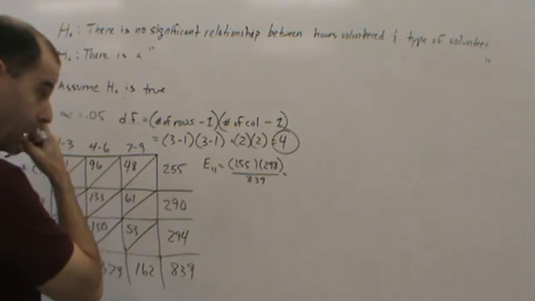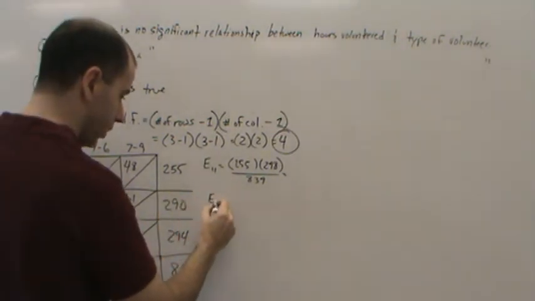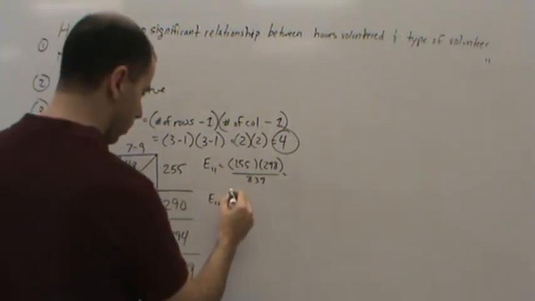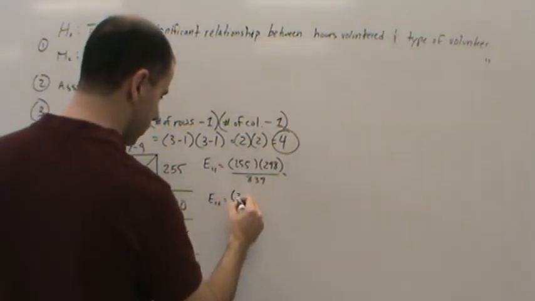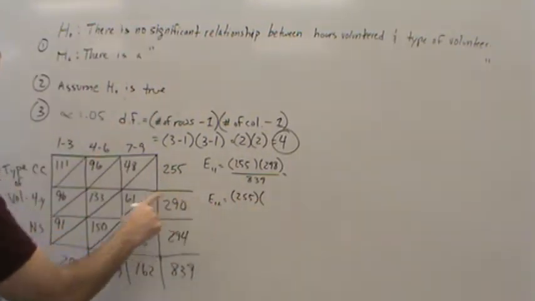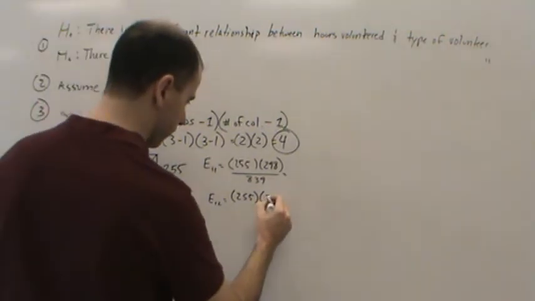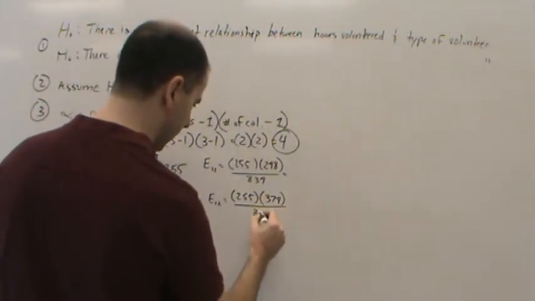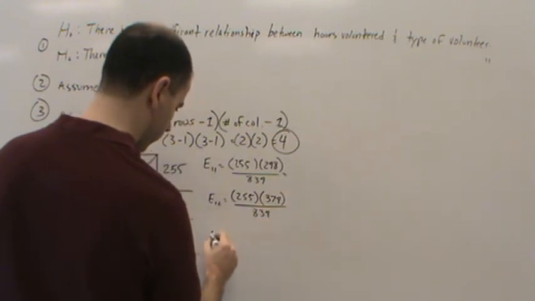And then E12 is going to be the same thing, except we're going to do row 1 total, which is 255 again, times now column 2 total, which is 379, and we're going to divide by, again, 839, the grand total.